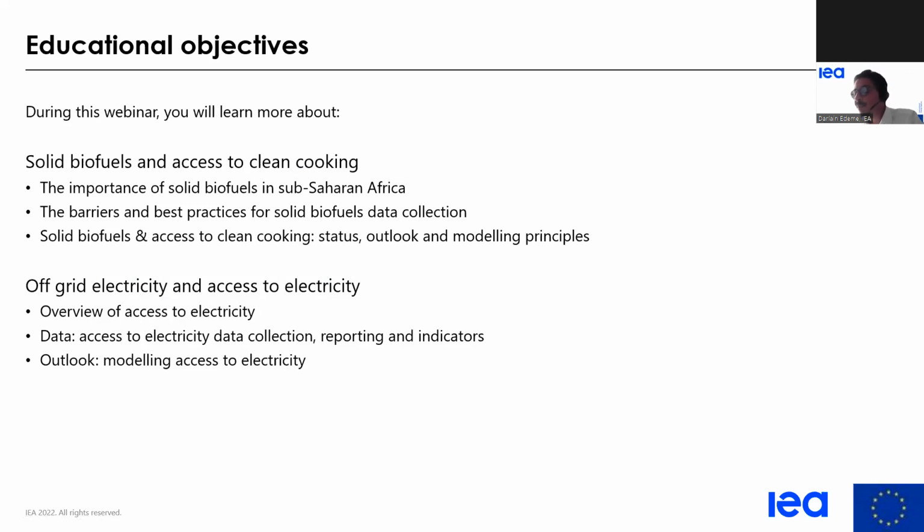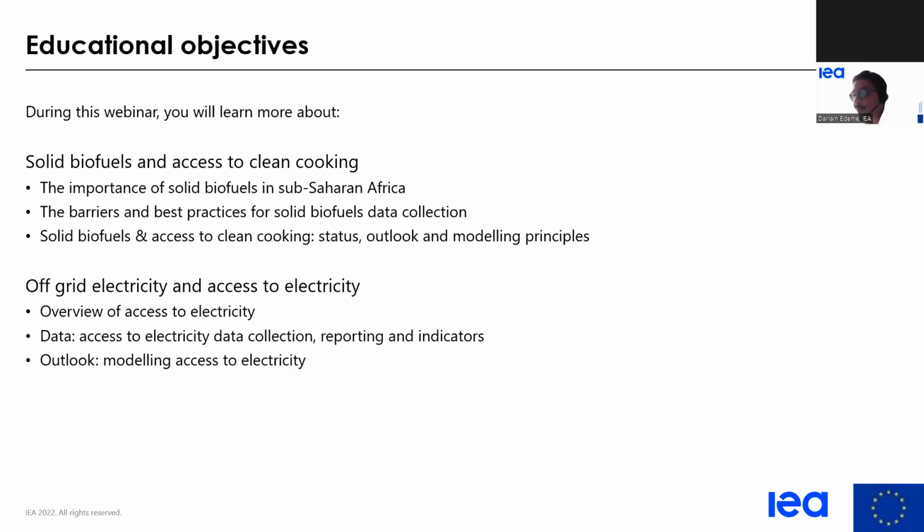Still, there are interesting analyses available on those practices and also on clean cooking numbers. So we will end this part on solid biofuels and cooking by looking at potential outlooks and modeling principles to try to assess what the future could look like when it comes to the consumption of solid biofuels.